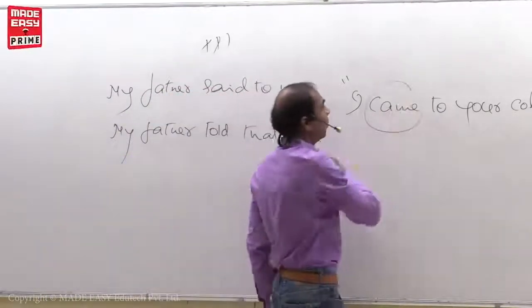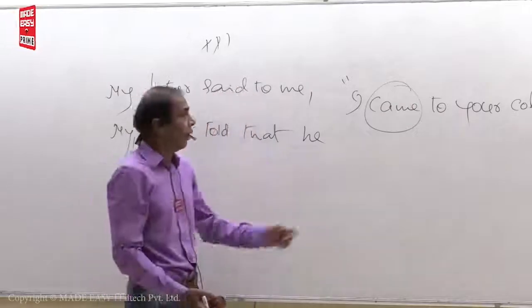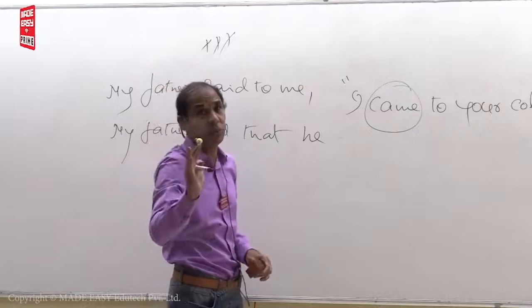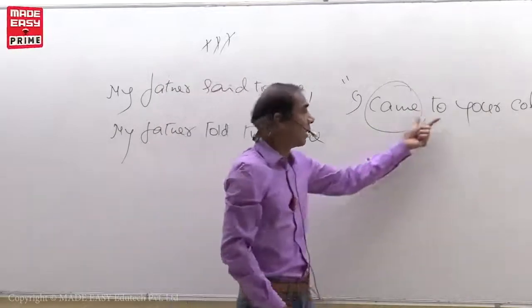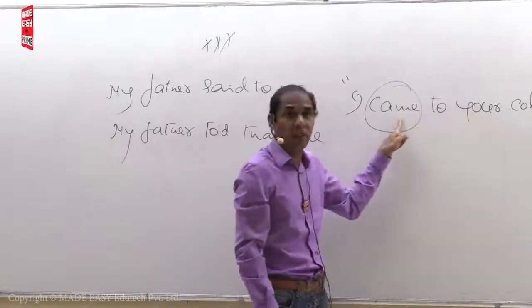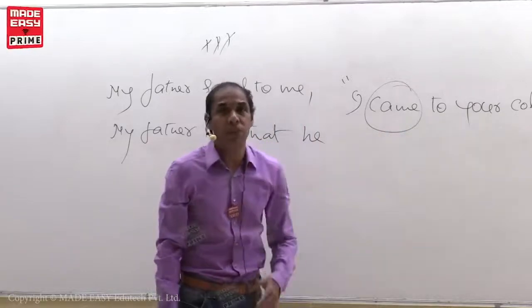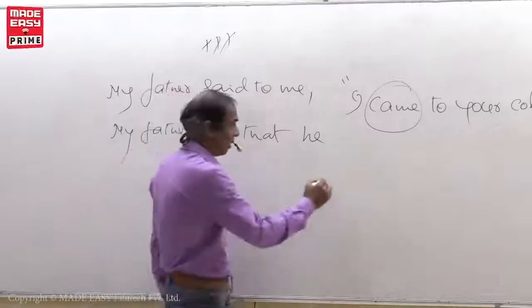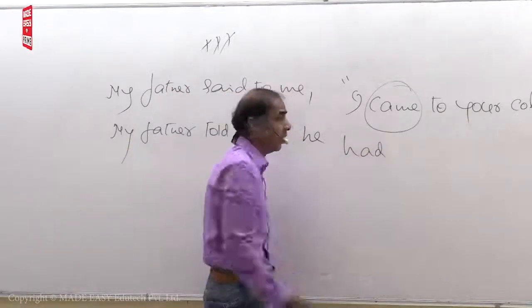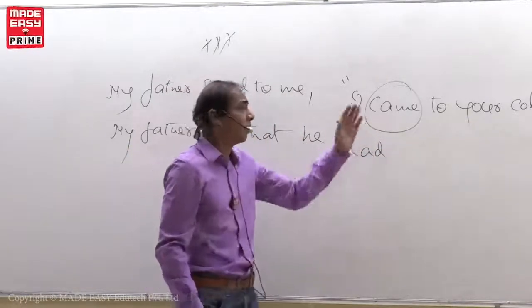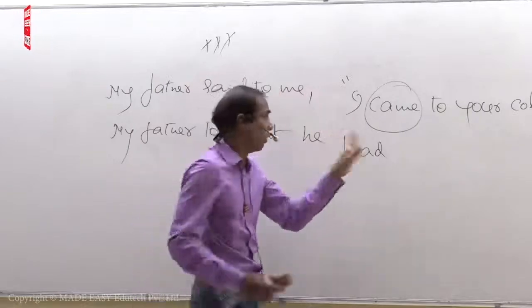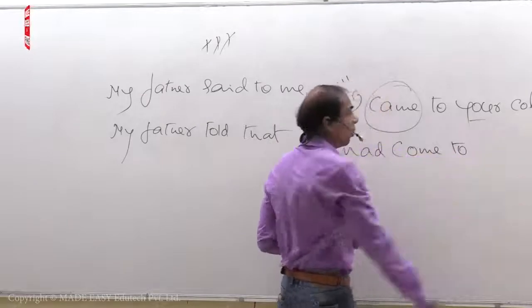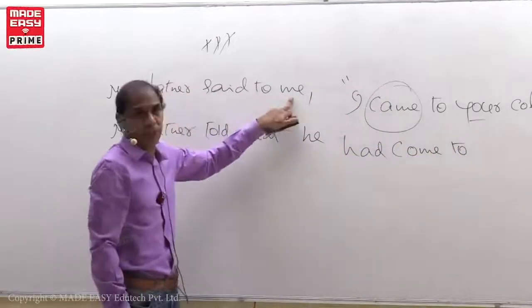Next, "came" is past tense. After fulfilling the three rules, what do we have to do? We have to change the tense form of the direct speech. What is the tense form here? Came is past tense. Past tense should be turned into past perfect. What is the formula of the past perfect? Had plus V3. What are the three forms of come? Come, came, come. Come is the V3. That he had come. You changes as reporting verb object.